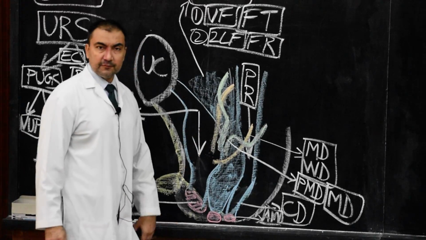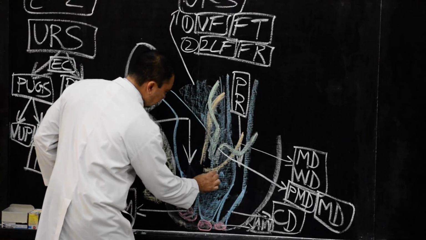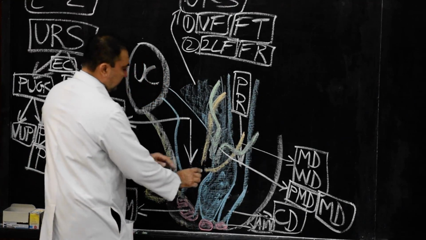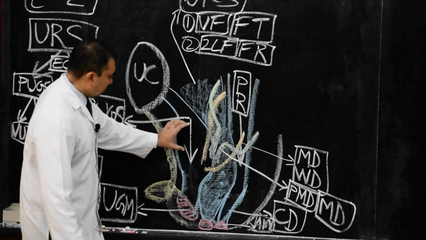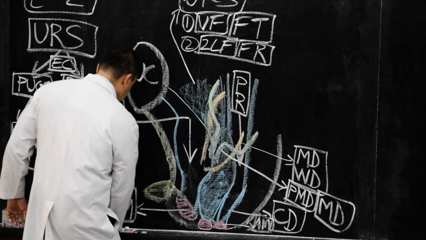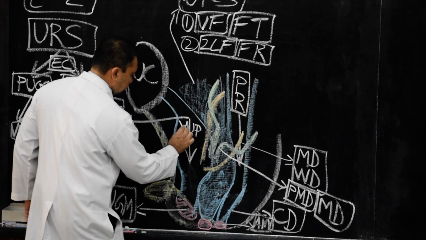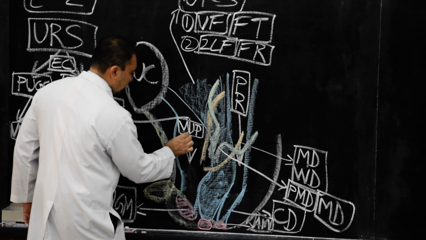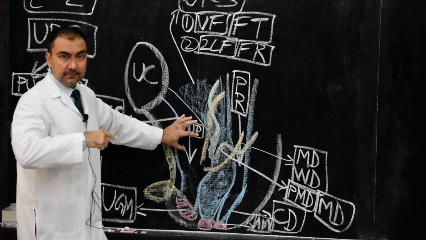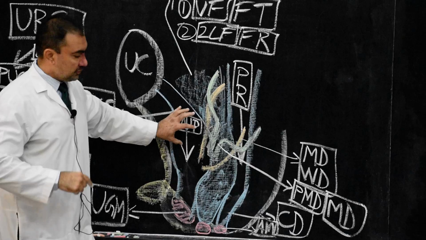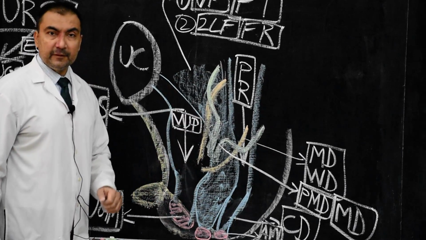As they open in the dorsal part of urogenital sinus here, it will divide the urogenital sinus into two segments, upper and lower. Now this upper segment will be known as vesico-urethral part, from which urinary bladder will develop. Vesico-urethral part will develop into urinary bladder. And the lower part will be known as pelvic and phallic portion.